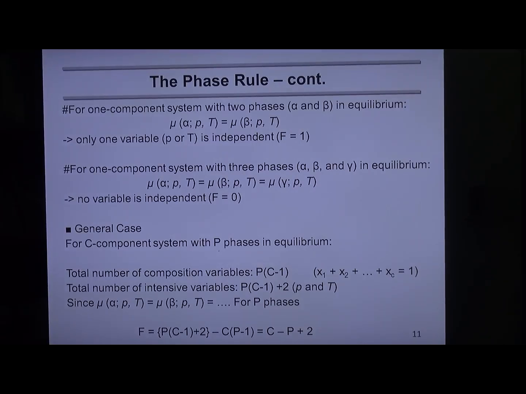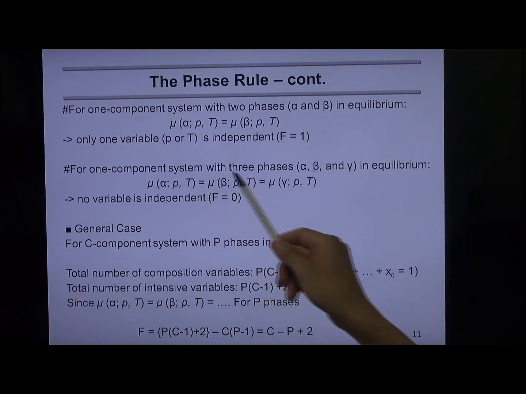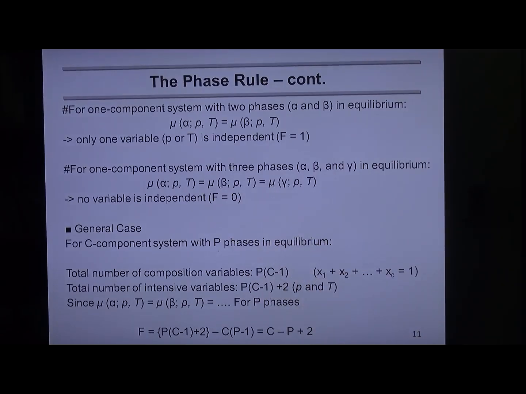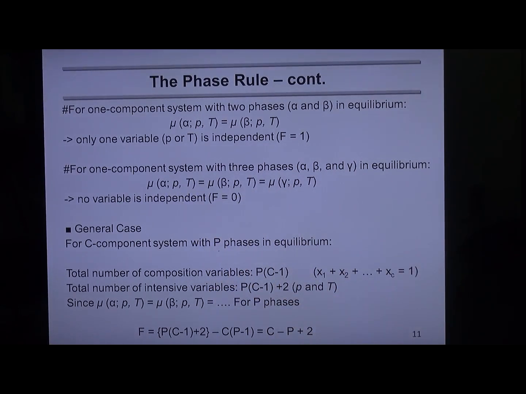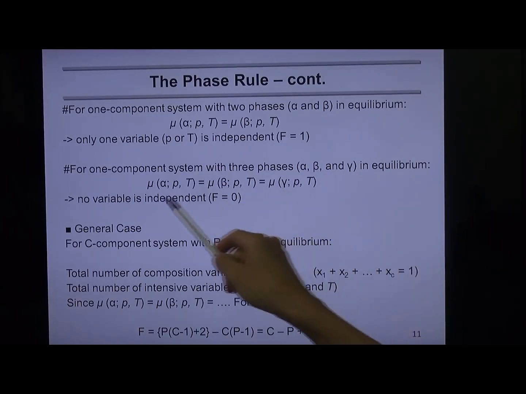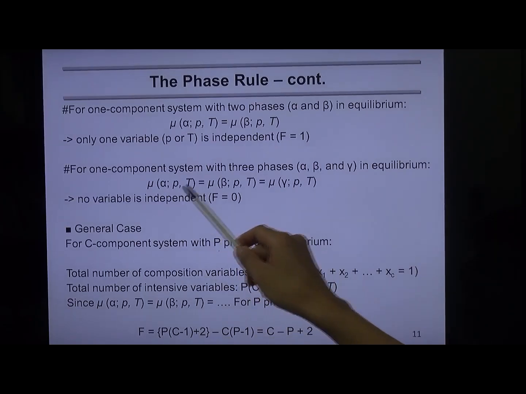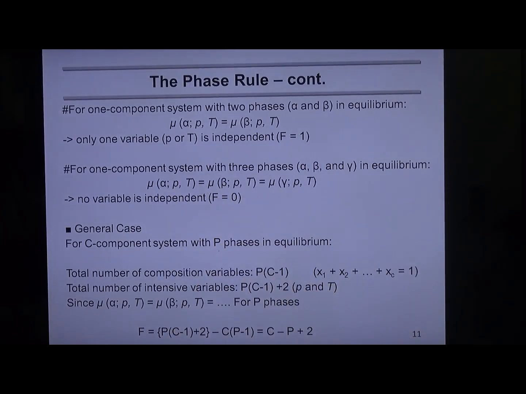Okay. How about one component system with 3 phases at equilibrium? Alpha phase, beta phase, and gamma phase. They are at equilibrium, which means that there are these equations. Chemical potential of each phase is the same, right?